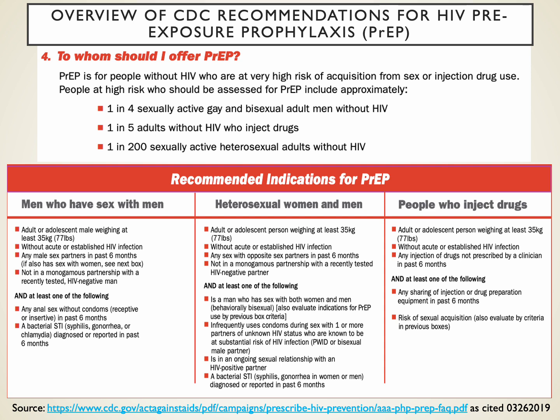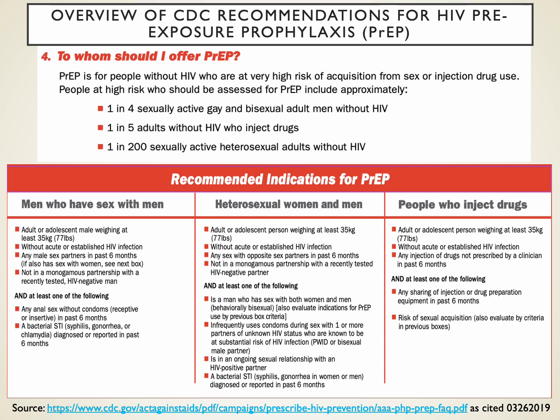Similar for heterosexual women and men, the category sort of mimics a lot of that, and also for IV drug abuse are pretty similar recommendations, but also if they've had the higher risks with injectable drugs of not using their own works or their own injectable products, if they've shared equipment in the last 6 months, or they're at high risk from the prior variables of men who have sex with men or heterosexual men and women risk groups as well.